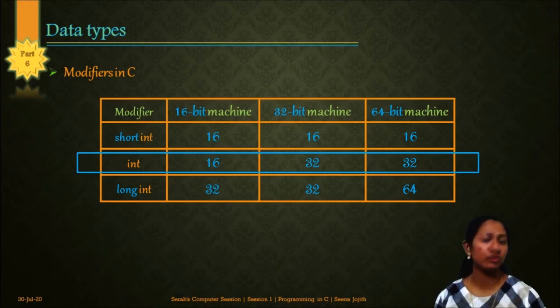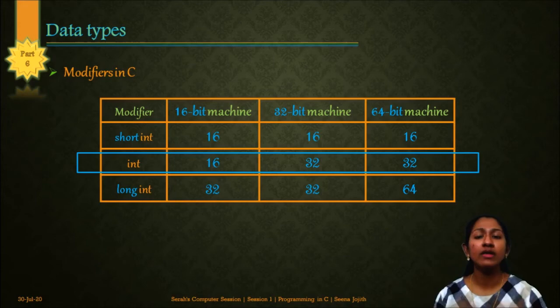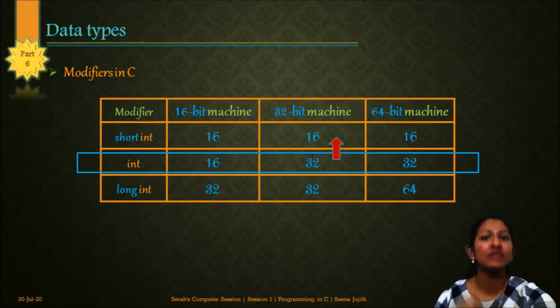In the first row you can see that I have used short as a modifier, and in the third row I have used long as a modifier. What are the changes that you can observe from this table when you see a short in front of the int? For the 16-bit machine there is no change, but for the 32-bit machine you can see that the size allocated has been reduced from 32 to 16 bits, right?